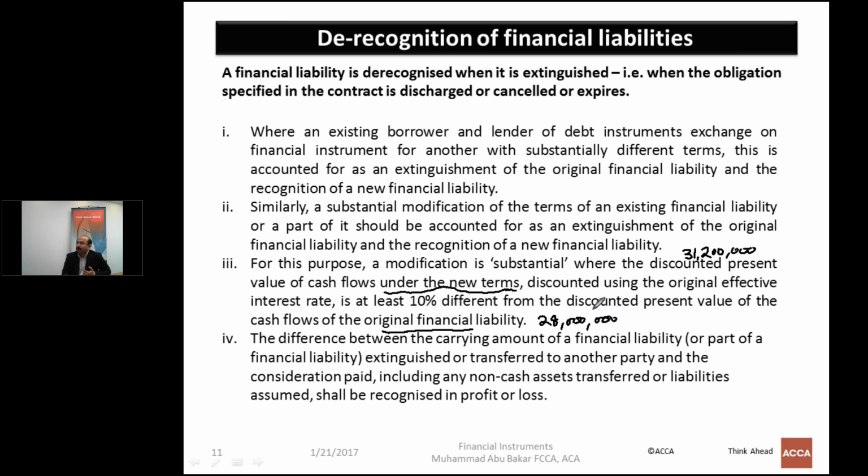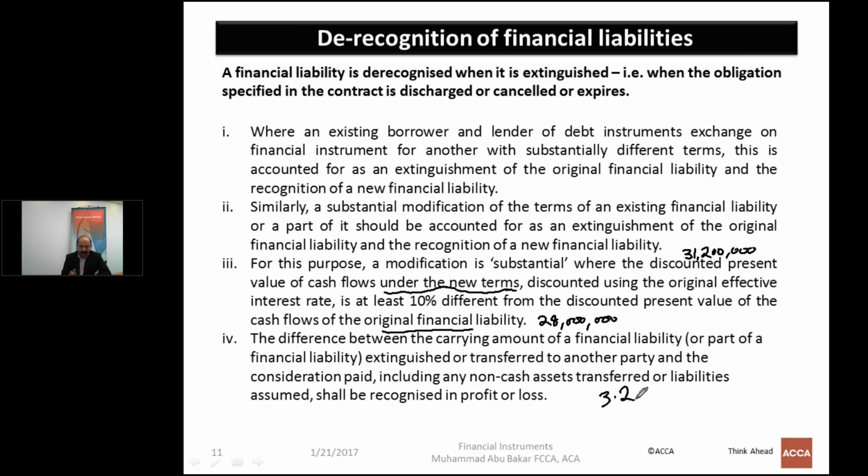What you did, you simply applied the original effective interest rate on the revised term. So this gives you 31.2 million, whereas this is your original liability. So the difference between these two figures is 31.2 minus 28.